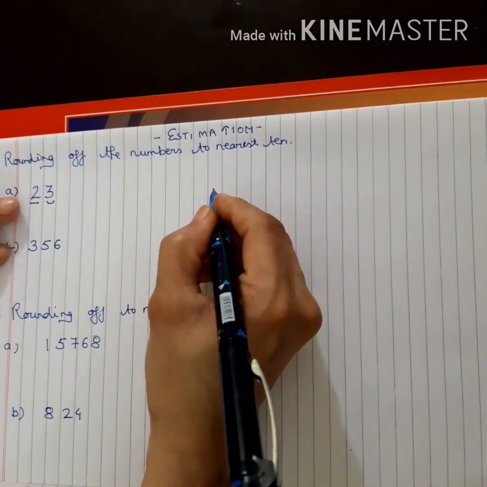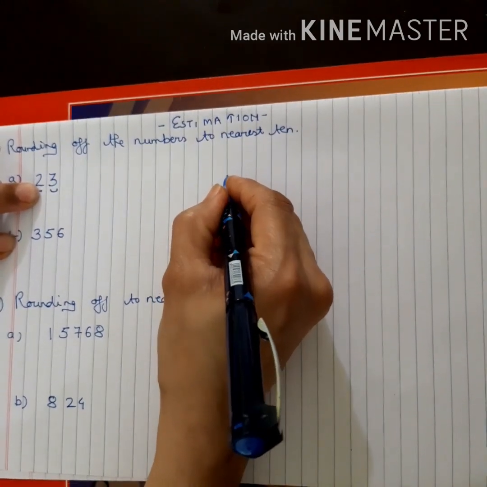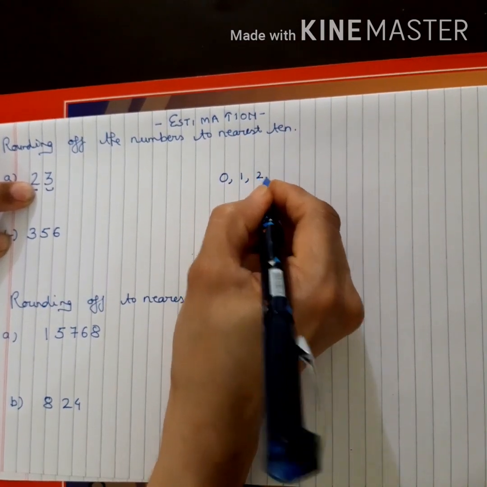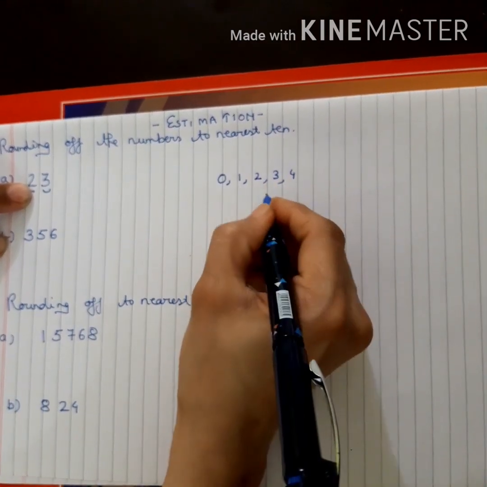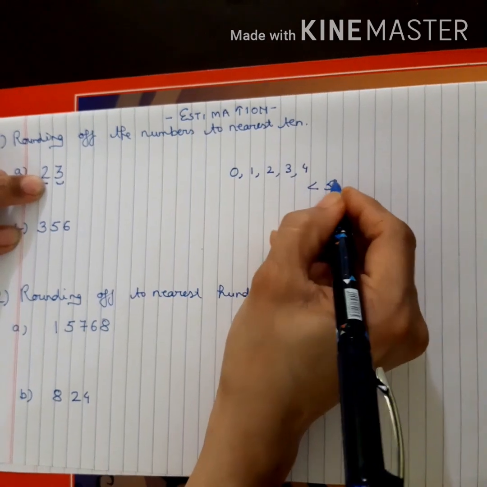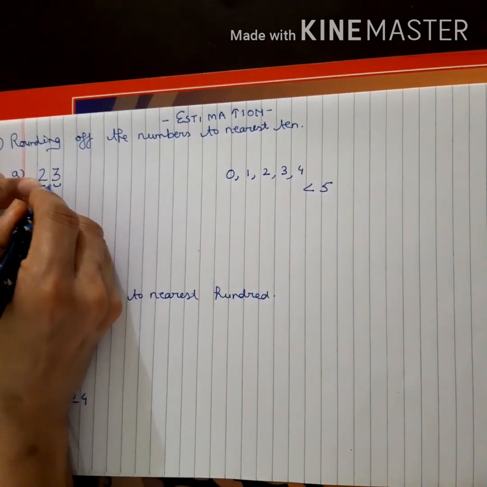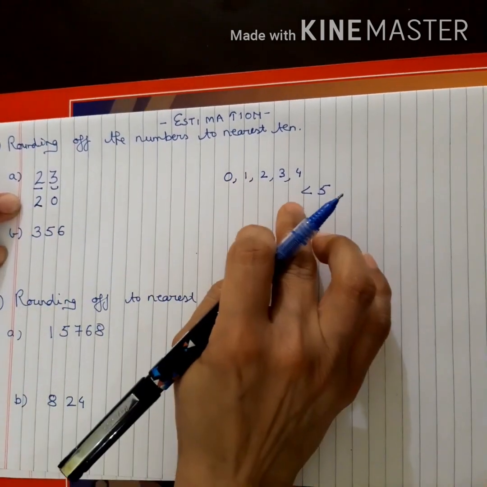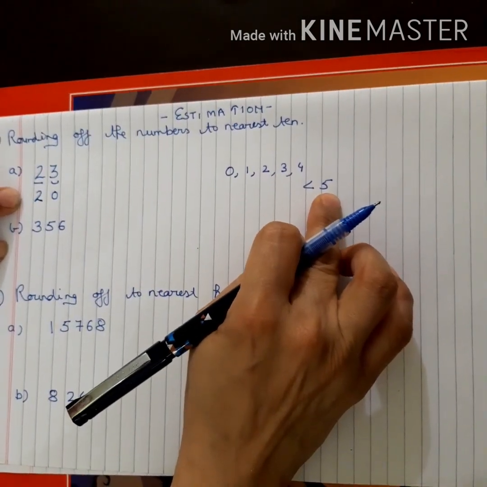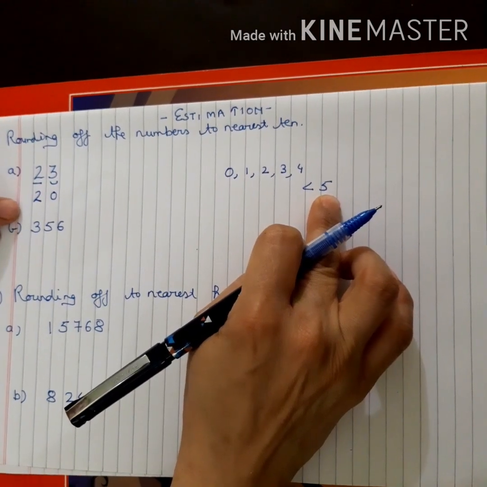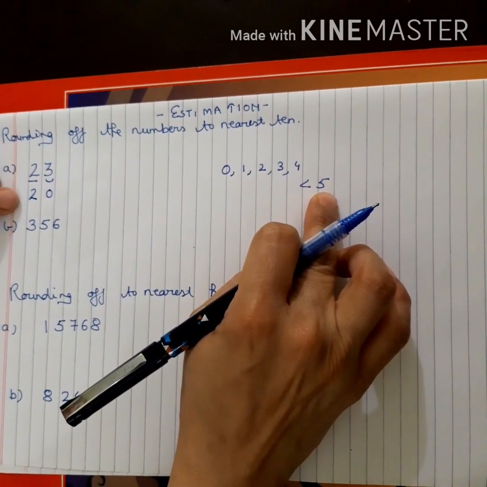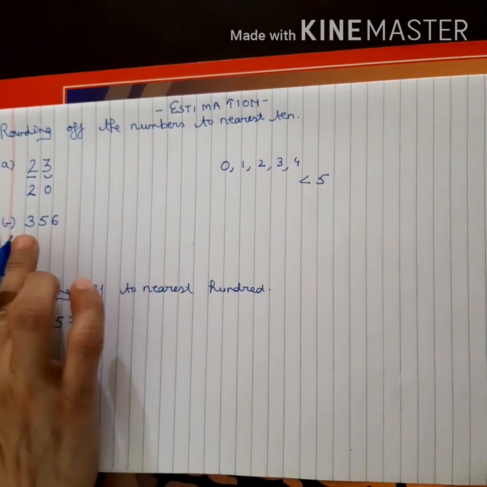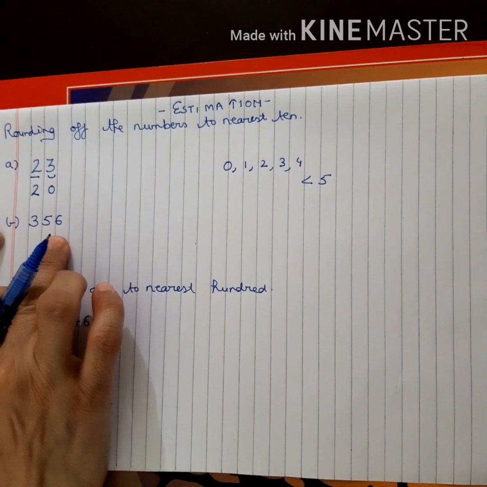If this ones place digit is 0, 1, 2, 3, 4, it means less than 5, then this ones place will become 0 and the tens digit will remain same. But if the digit is 5 or more, then ones place will become 0, but the tens place will increase by 1. We can understand this by this example, 356.